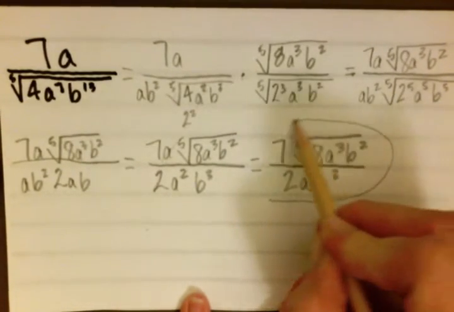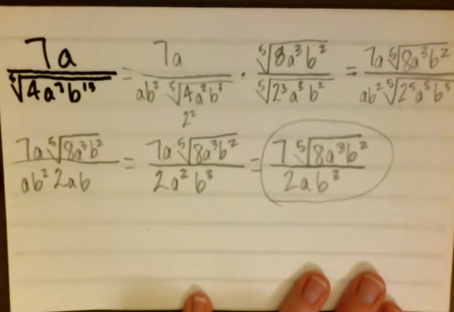This is our final answer. 7 fifth root of 8a cubed b squared over 2ab cubed.